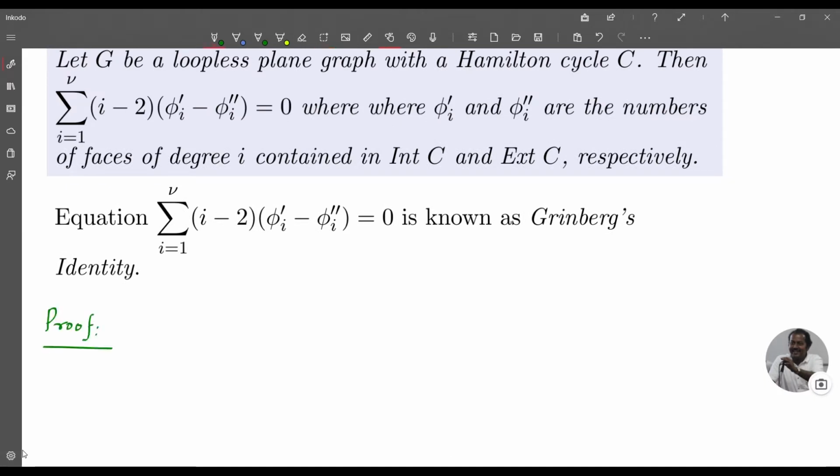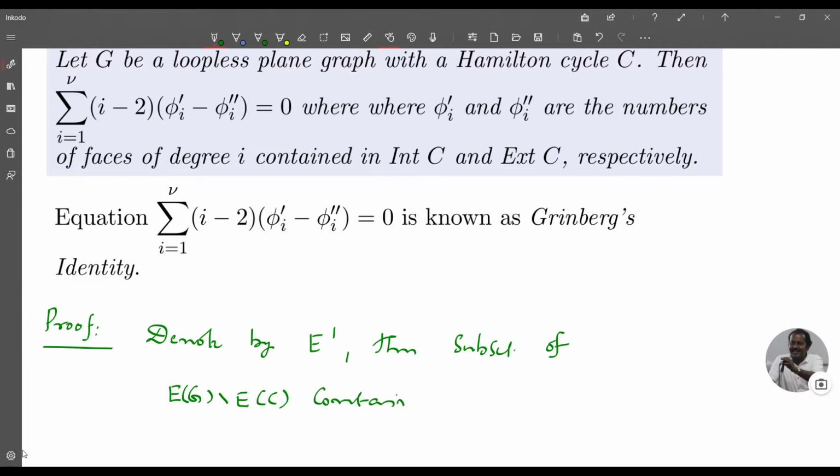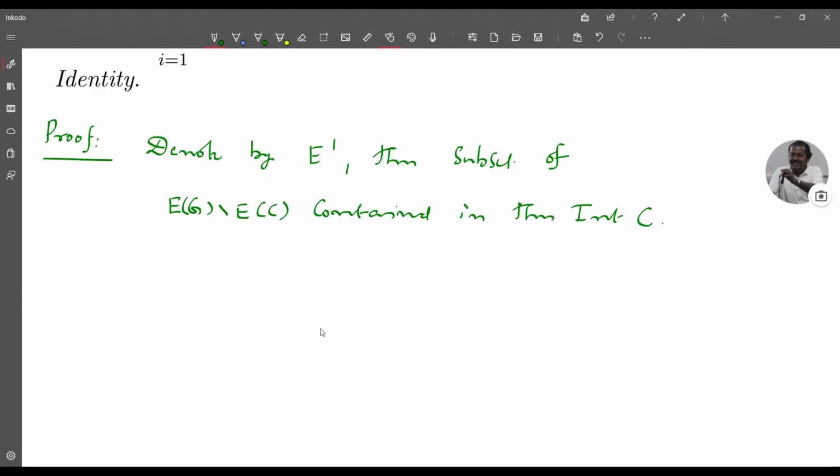Proof. Denote by E dash the subset of E of G minus E of C contained in the interior of C. And let epsilon dash equal the cardinality of E dash.